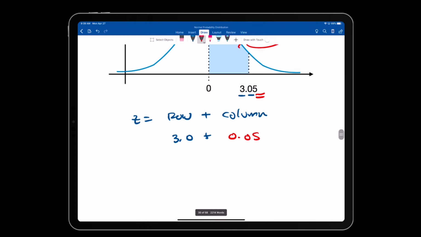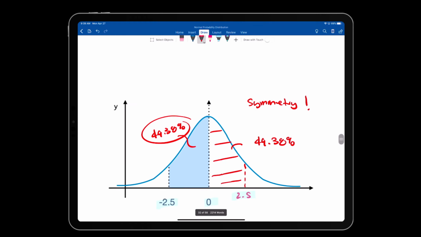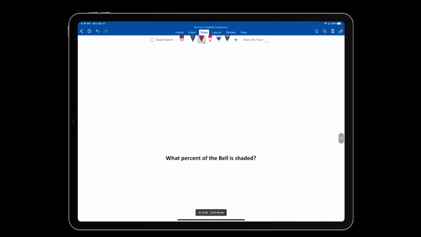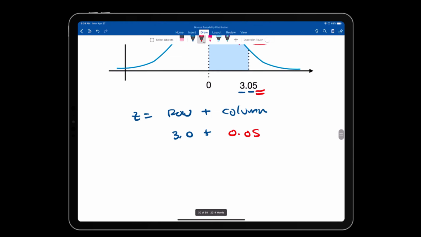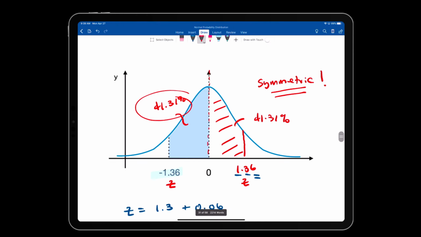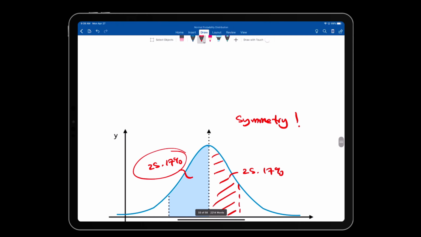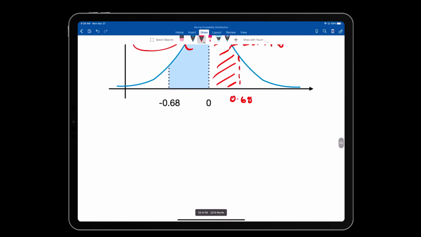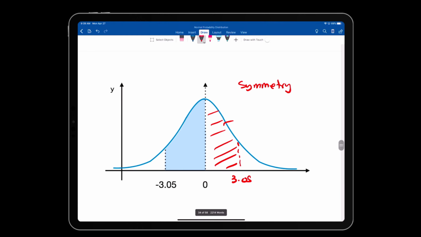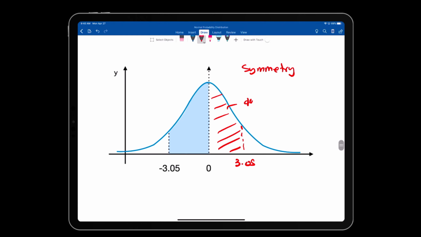We did that one already. So let's go down. What did we say? 49 point what? 89. 49.89%, and this will be 49.89%. Okay? Just use symmetry and all is well.